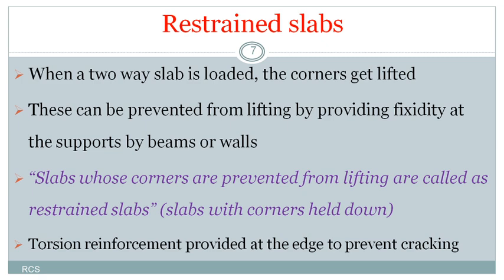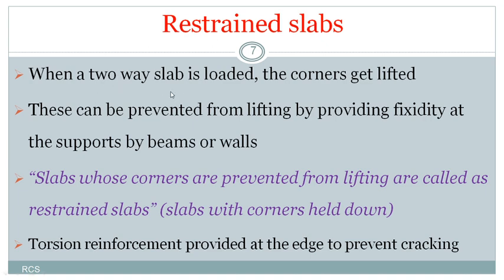Generally we have 4 corners of a slab, and because of loading, the corners will be lifted up, not immediately after casting, but after some time. Those liftings of the corners are prevented by providing some fixity in the form of beams and walls. Then those types of slabs are called restrained slabs.